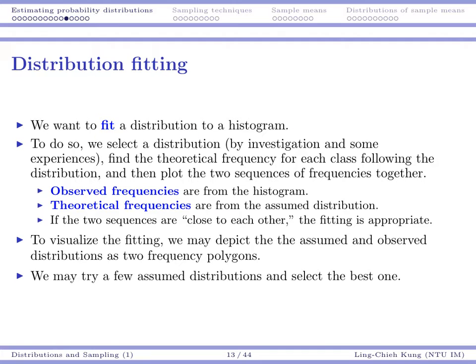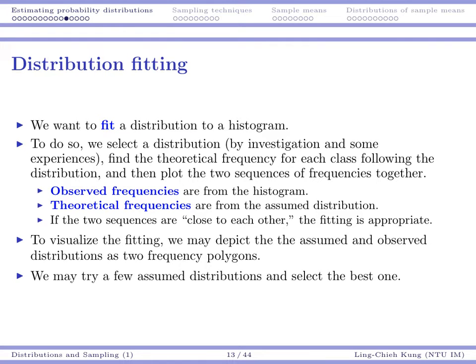So to fit a distribution to our histogram, we're going to first select a distribution, either by investigation or by experience, and find the theoretical frequency of each class according to our hypothesized distribution, and then put the two things together to see whether there is a huge difference or not.